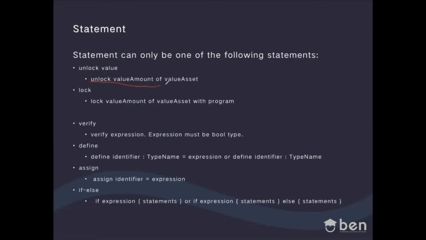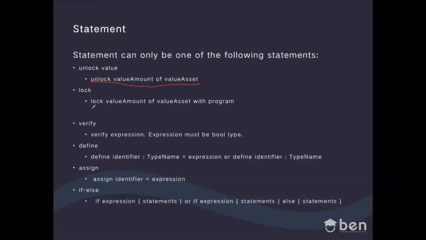It has to be written in this format: unlock the value amount of value asset. This means that anyone can take the asset that you locked in your contract before.